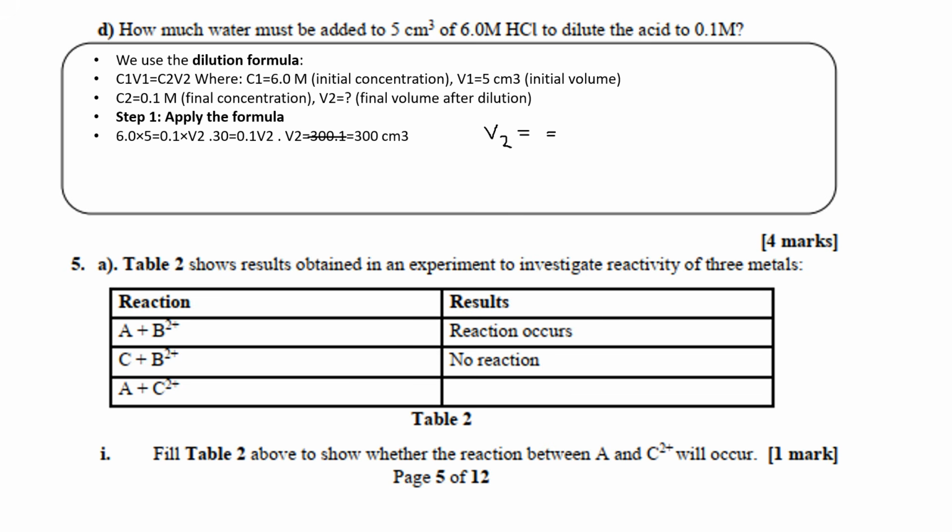All right, let's just do this. Rewriting the equation, C1 V1 is equal to C2 V2, for which C1 is 6, V1 is 5, C2 is 0.1 times V2, the final volume.